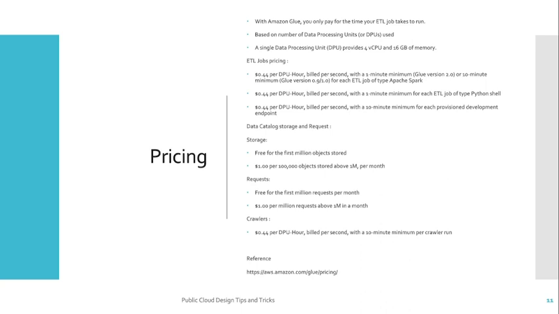You pay per ETL job, and you pay for the data catalog storage and requests. In the data catalog storage, it is free for the first million objects stored, which is more than enough, I would say. But it also charges you $1 per 100,000 objects stored above 1 million. You also have to pay per request, and also for the crawlers.